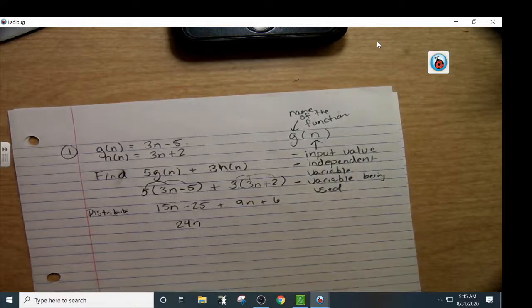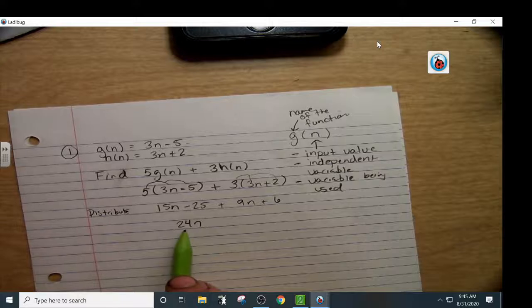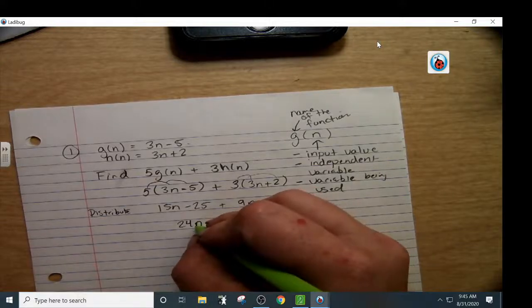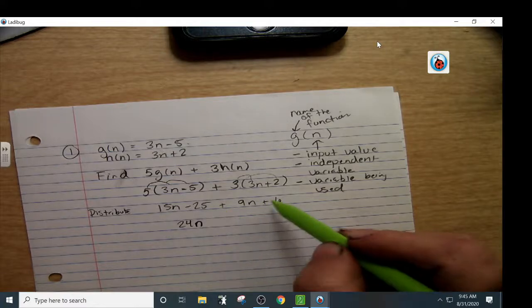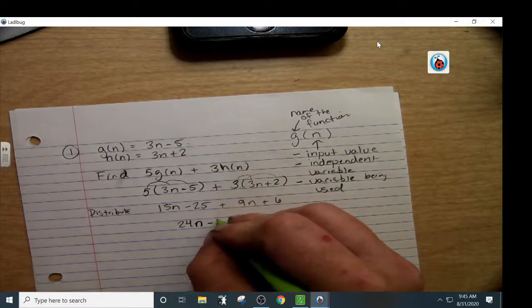All right. So 15n plus 9n is 24n, and then negative 25 plus 6 is negative 19.